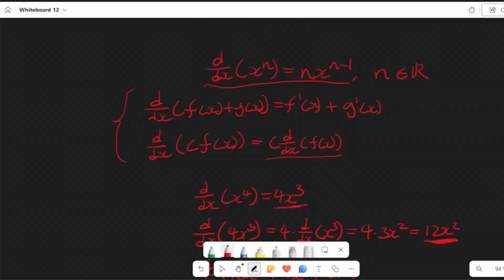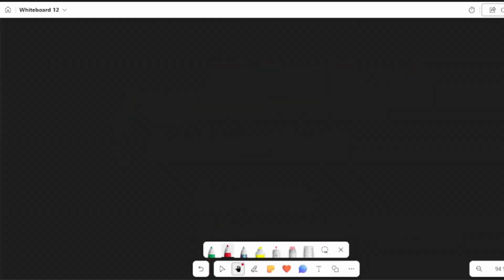And if you do, you will have mastered pretty much the power rule for these types of questions, because that's pretty much all of it. If you manage to master this, you pretty much master the ability to derive any sort of polynomial equation.